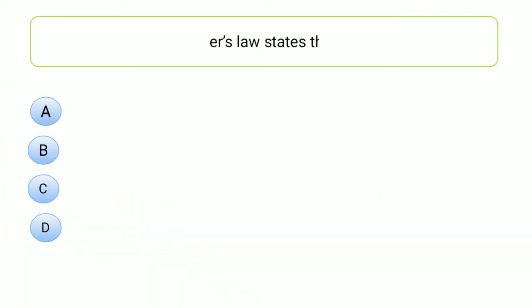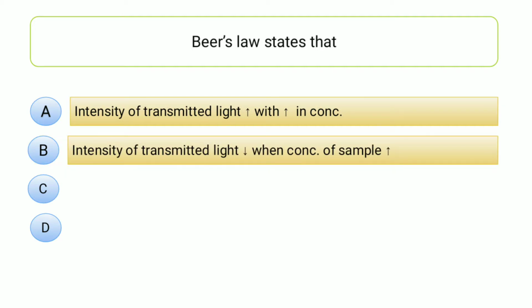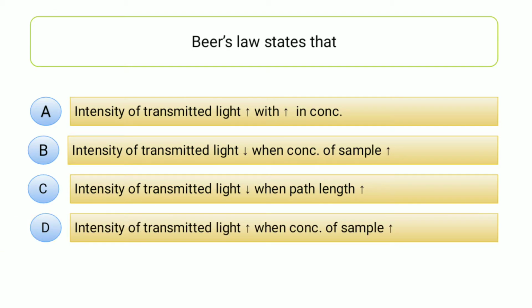Then moving to the next question. The question is, Beer's law states that, and the options are A. intensity of transmitted light increases with increase in concentration, option number B. intensity of transmitted light decreases with increase of sample concentration, option number C. intensity of transmitted light decreases when path length increases, and option number D, that is intensity of transmitted light increases when concentration of sample increases.